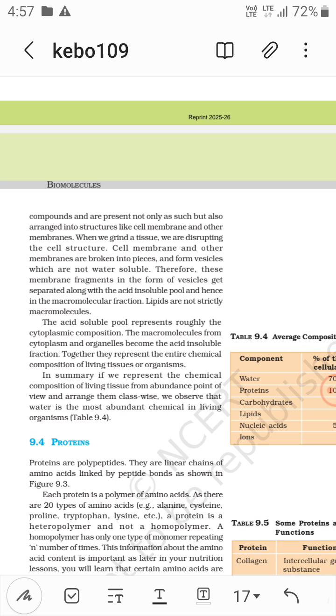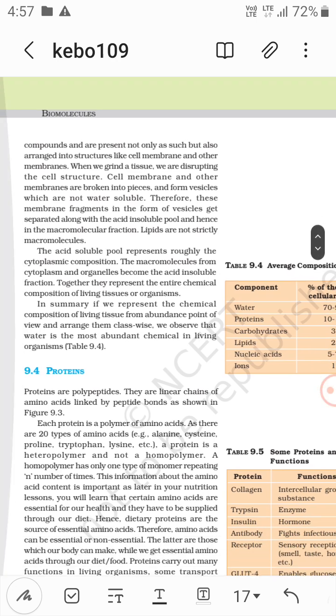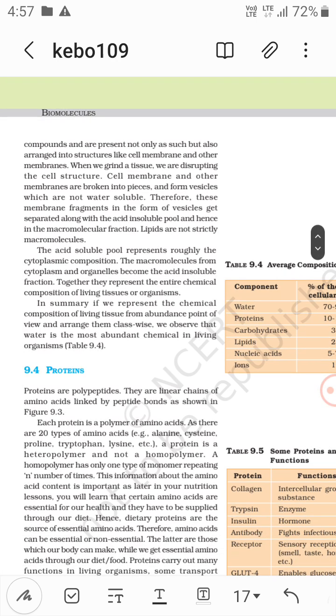But lipids are not strictly macromolecules because their molecular weight does not exceed 800 Dalton. Now the acid soluble pool represents roughly the cytoplasmic composition. The macromolecules from cytoplasm and organelles become the acid insoluble fraction.